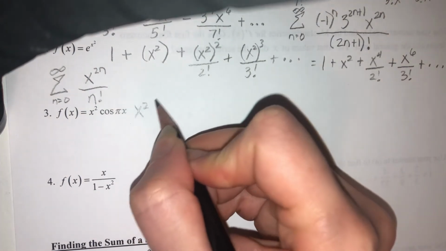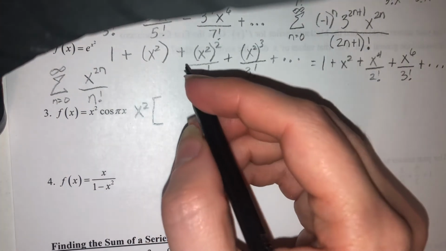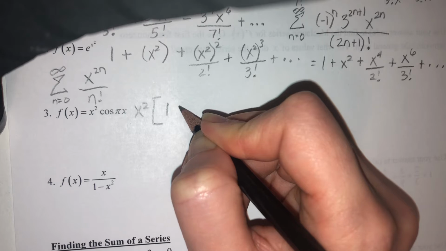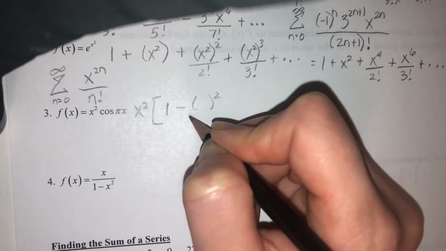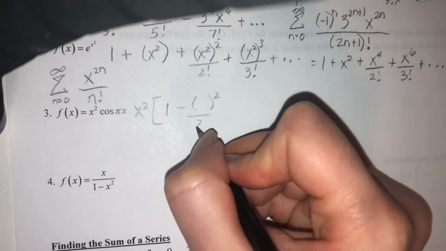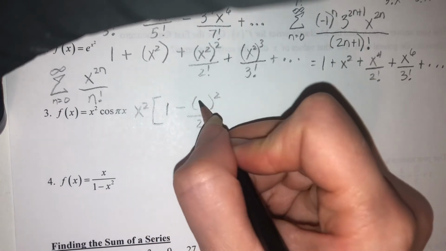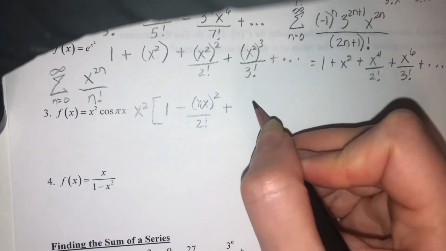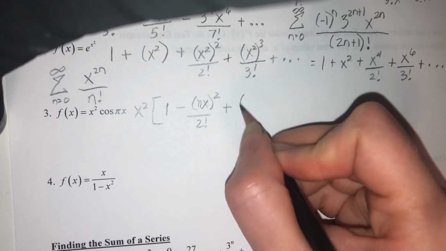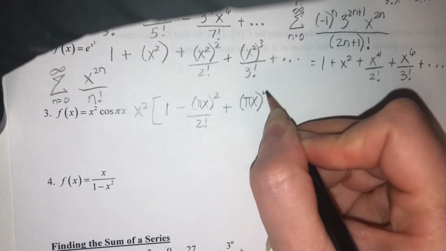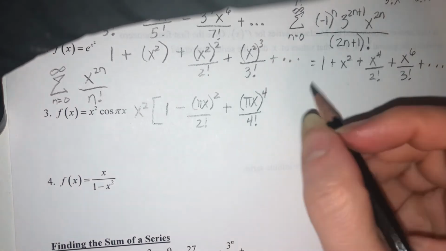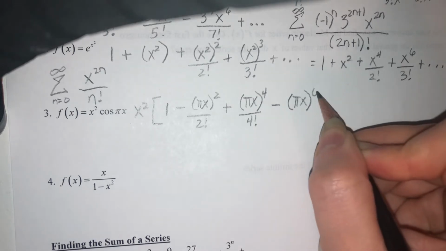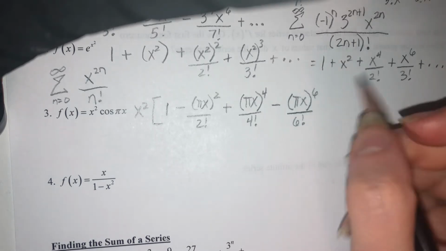So I'm going to put x squared in front, and then our first term of our cosine Maclaurin series is 1, then it's normally minus x squared over 2 factorial, but we're replacing the x with pi x. And then the next term is normally positive x to the 4th over 4 factorial. We're replacing the x with pi x to the 4th over 4 factorial. And then we have minus pi x raised to the 6th over 6 factorial.